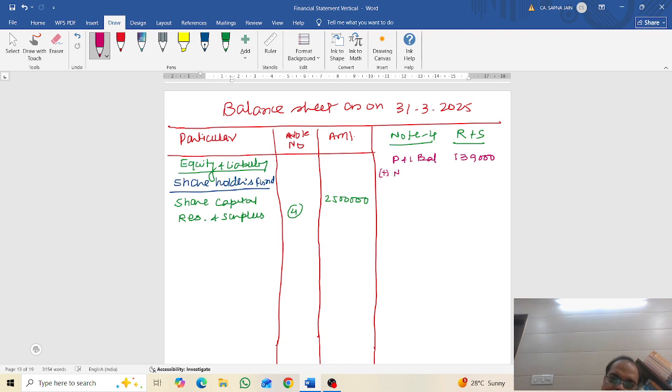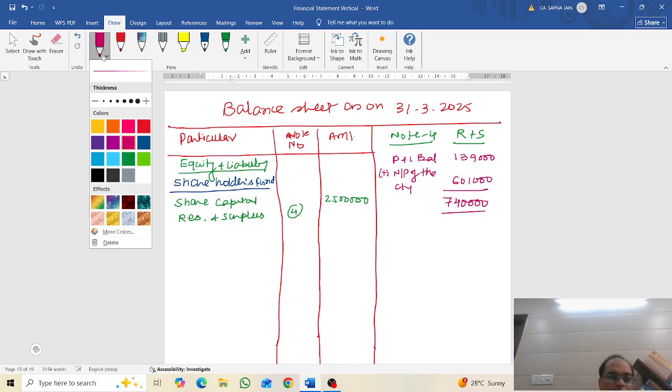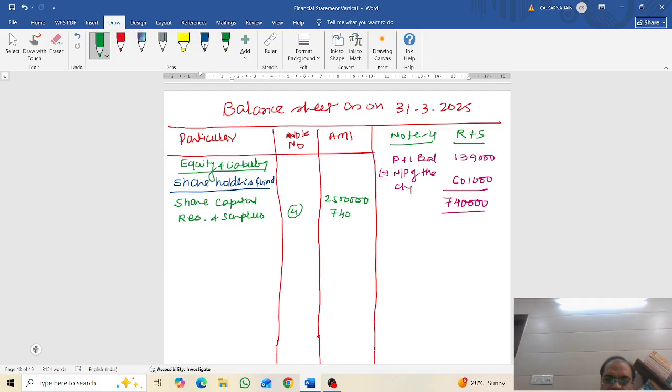And plus net profit of the current year. This is 6,01,000. Then the total is 7,40,000 rupees. So the reserve and surplus total is 7,40,000.